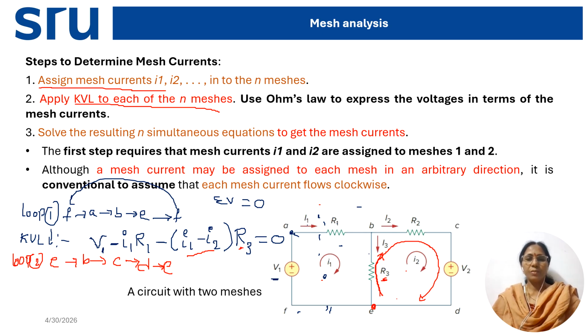So that's why you take I2 minus I1. So the first element is R3 into I2 minus I1. This is a resistance drop, that's why minus the voltage drop.